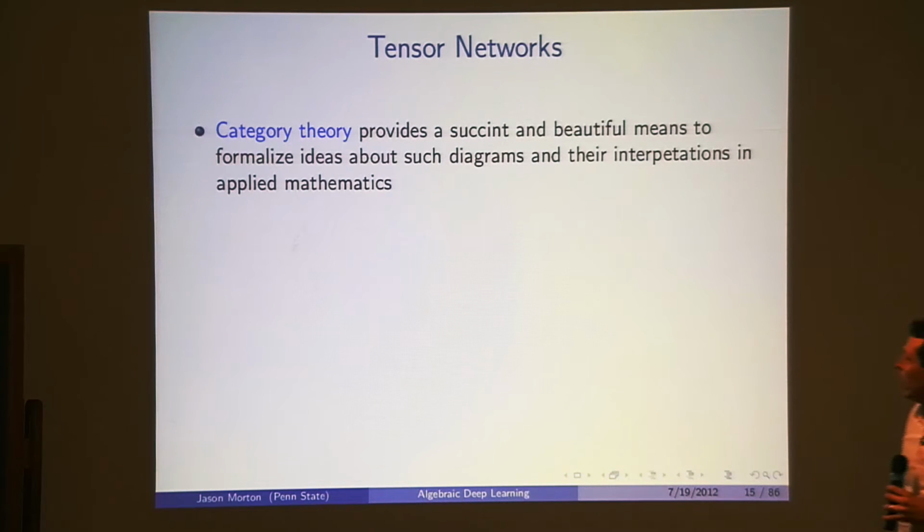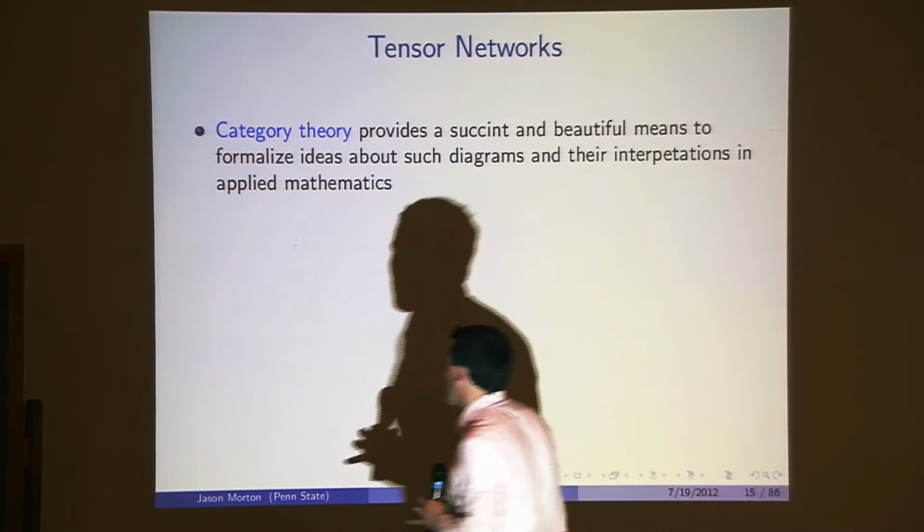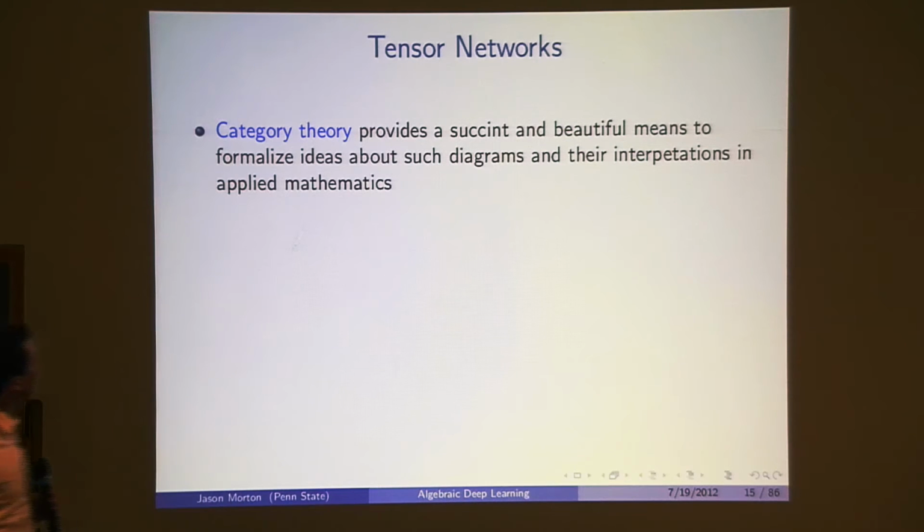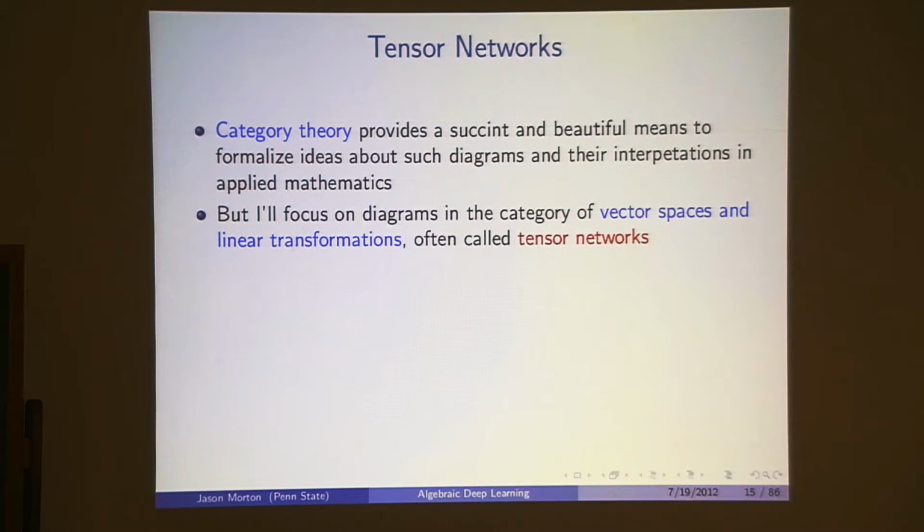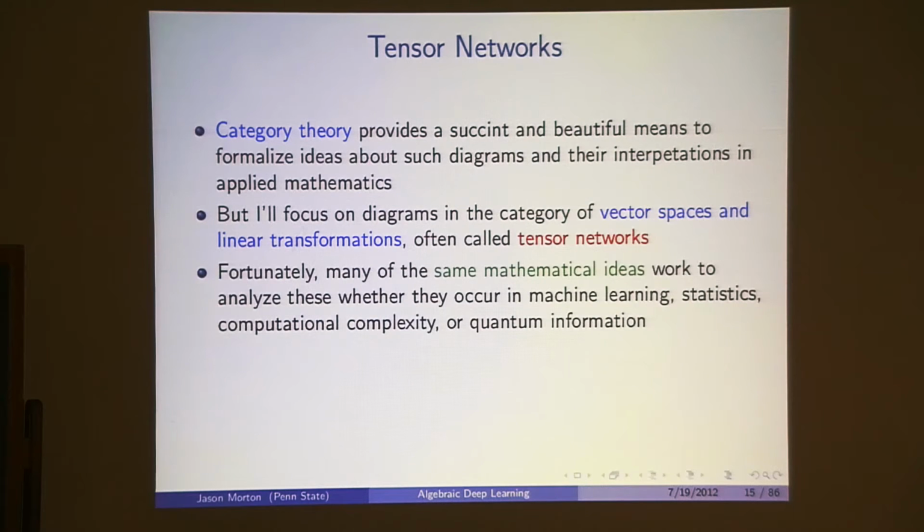Okay. So category theory, which I'll talk about just a little bit today, just to give you your vitamins, provides a succinct and beautiful means to formalize the ideas we have about such diagrams and how to interpret them in mathematics. Mostly we'll talk about vector spaces and linear transformations, that category is often called tensor networks, drawings and the diagrams in that category.